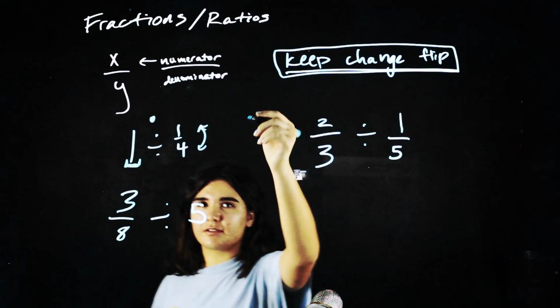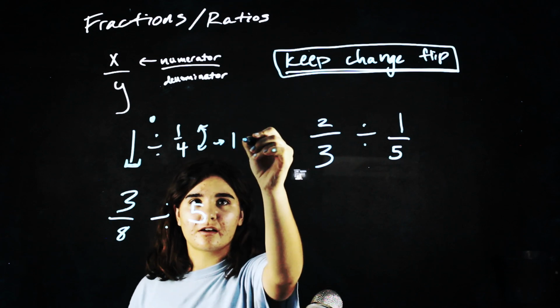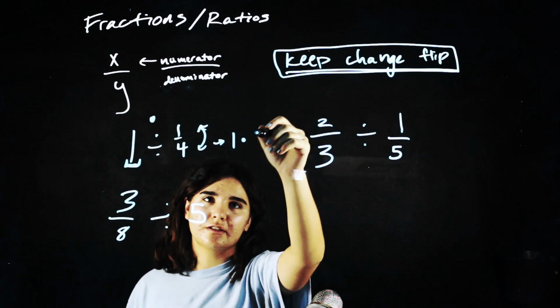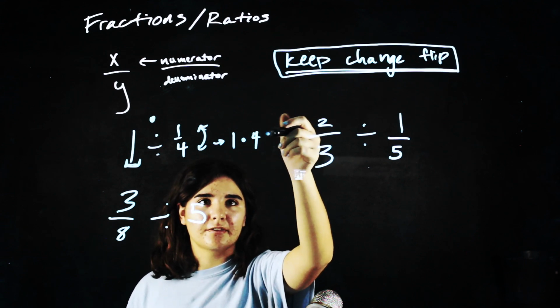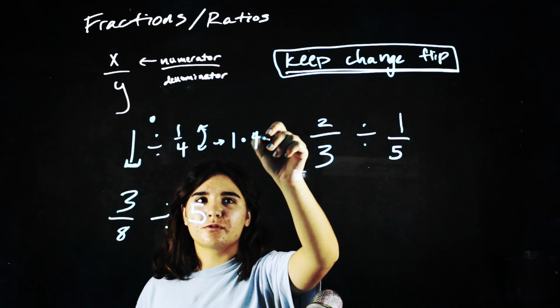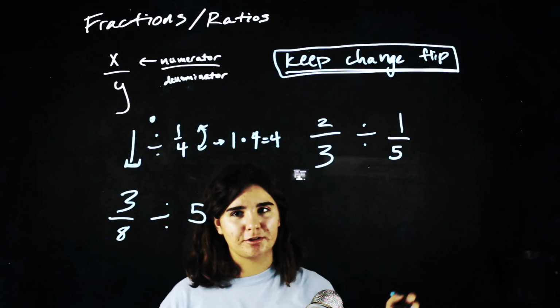So in this case, this is going to turn into 1, because we're keeping it, times 1/4 flips to 4/1, right? Or in this case, just 4, because 4/1 is equal to 4. And 1 times 4 is equal to 4. After you're done with keep, change, flip, just multiply per usual.